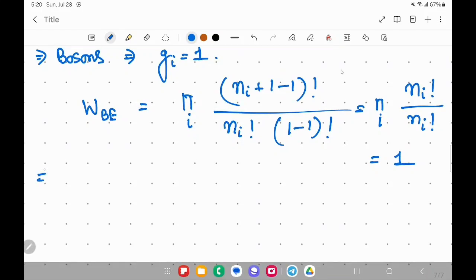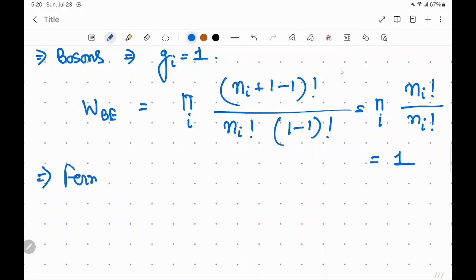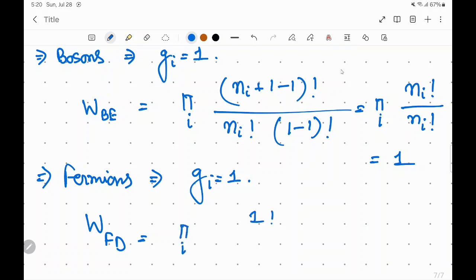Now let's see for fermions. If you put Gi equal to 1, you get 1 factorial divided by Ni factorial (1 minus Ni) factorial. So here you can't say that it will be 1 only. For bosons it was straightforward, but in this case, this will be the reduced formula.